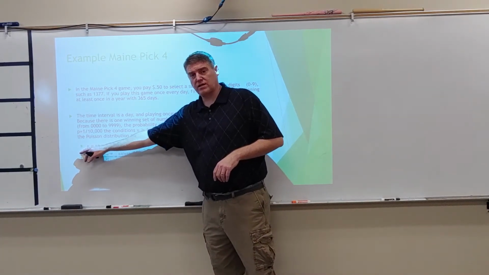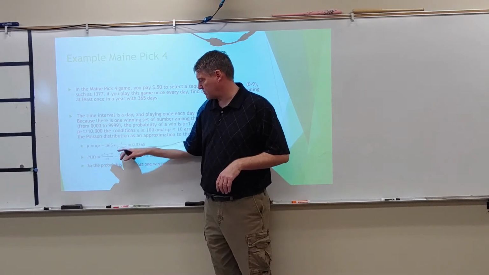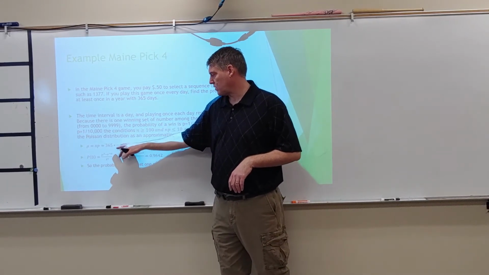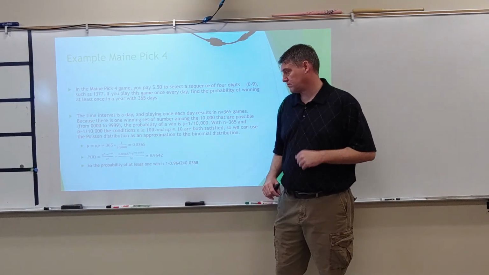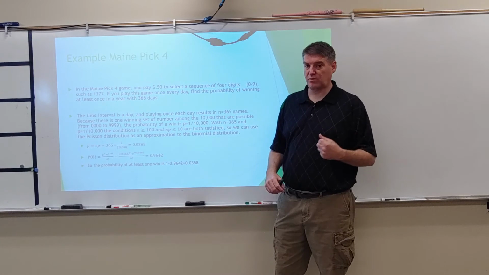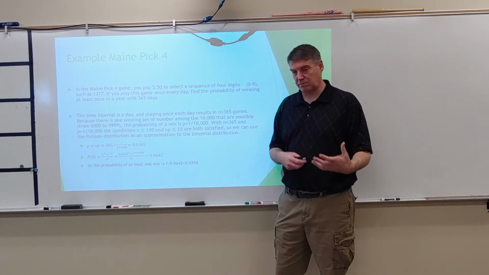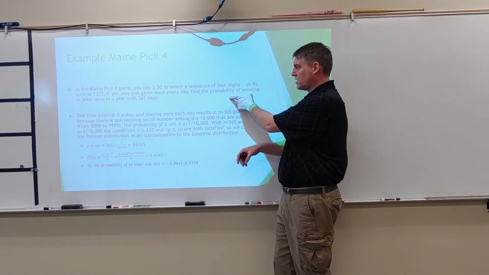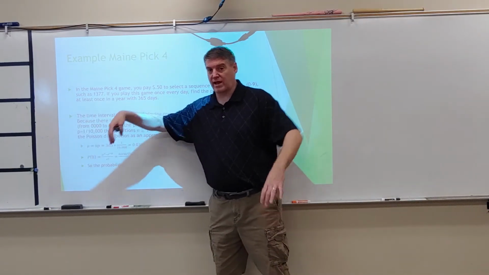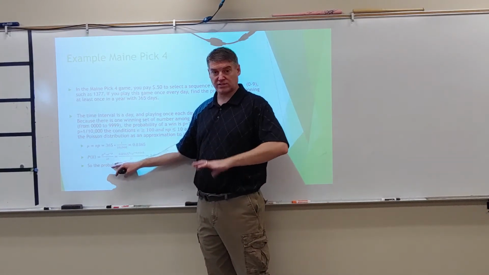So the mean mu is np, so 365 times 1 over 10,000 is 0.0365. Okay? Now, what's the probability of not getting a win? We want the probability of not getting a win in 365 days, because then that gives me at least once. I might win 2, 3, 4, 5 times, but if I don't win at all, I can subtract that from 1.